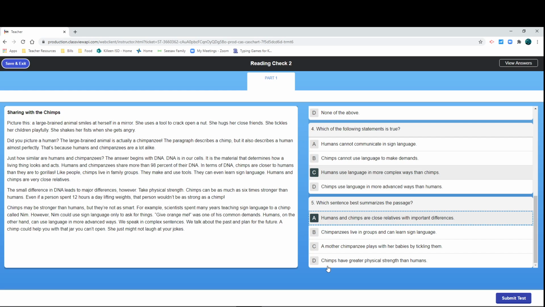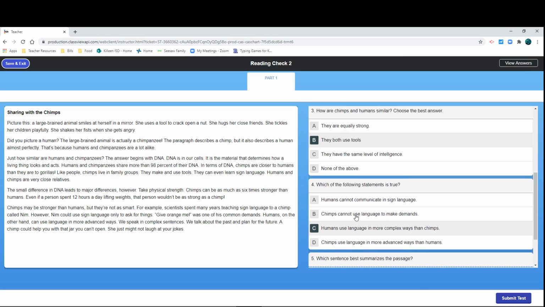The only other statement that has chimps and humans is chimps have greater physical strength than humans. Again, that is mentioned in here that chimps are stronger than humans, but it is just this small little paragraph here. That would be the main idea of this paragraph, not the main idea of the whole text. All right. So if this question was, what is a summary of paragraph 4 of the text, the answer would be D, but you're wanting the best summary of the entire passage. And that leaves us with answer A is the only option.